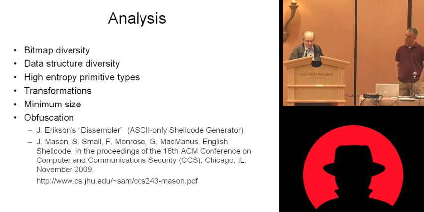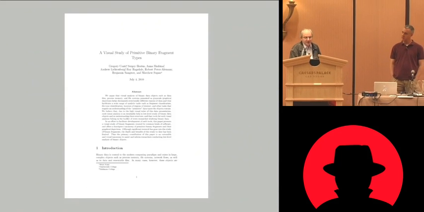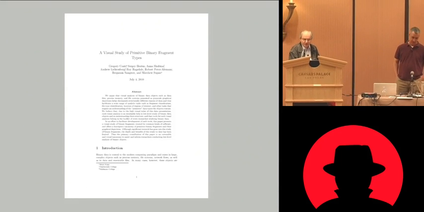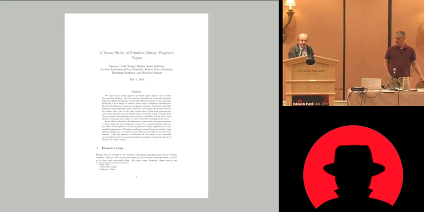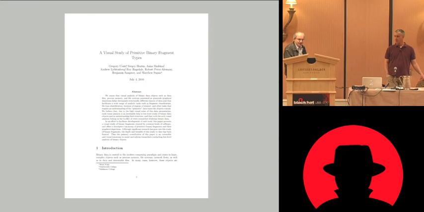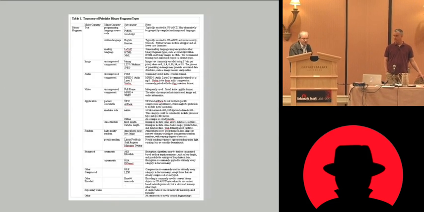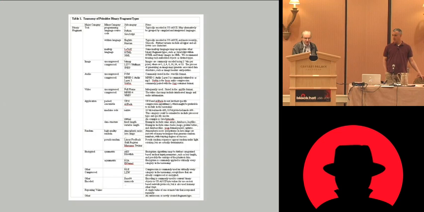So we have this talk, we have the underlying classification in this paper. Well, this is really something of an academic paper. You will find it on your CDs as our white paper to go with our talk. And we try to go a lot deeper into the classification of those binary fragments.